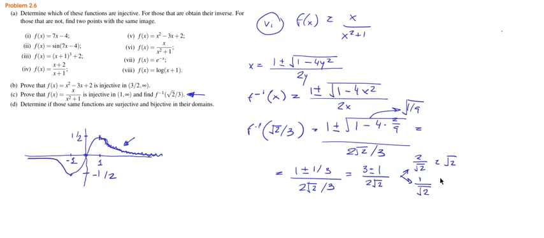So we know that one of these is around here. This is 1 over the square root of 2, and this is the square root of 2. Let's call this x1 and this x2. If the domain was not restricted to 1 to infinity, then the two values x1 and x2 would actually map to the same value, square root of 2 over 3.